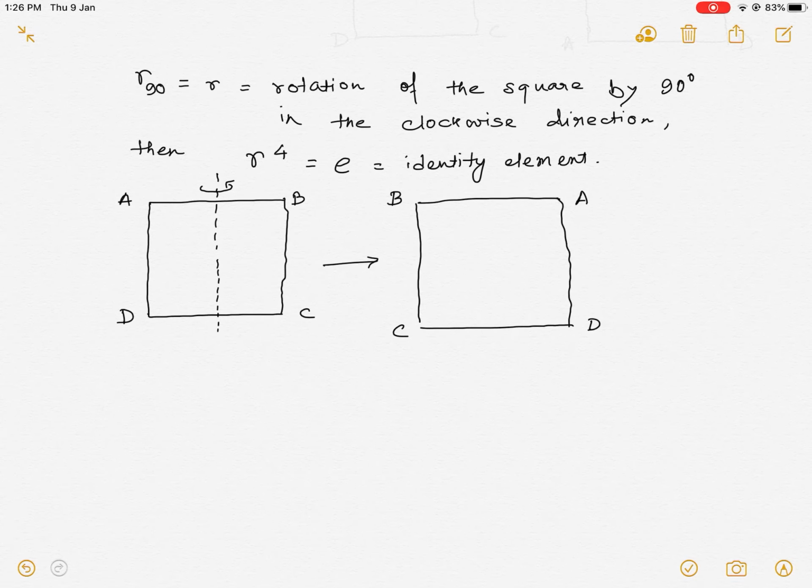If we apply this horizontal flip again, then we see that we will get back the original square with which we started.